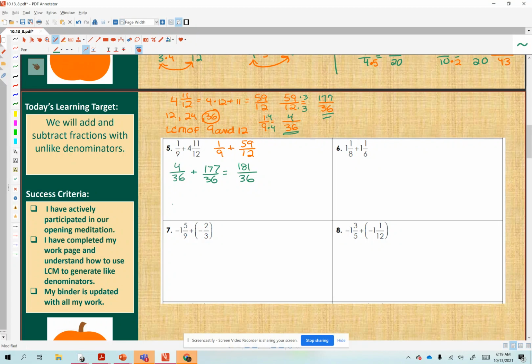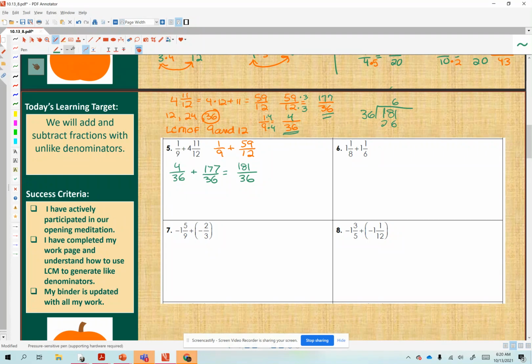And if we divide 181 by 36, we will see that 6 times 36... 6 times 6 is 36.